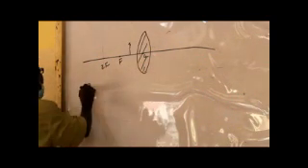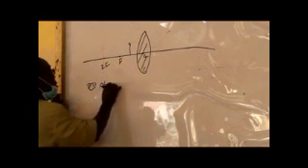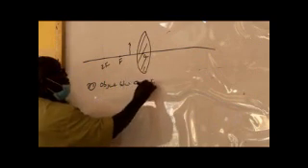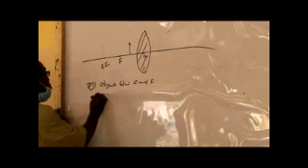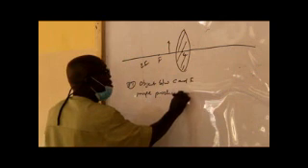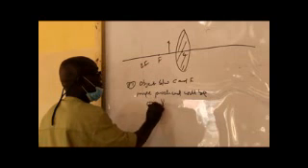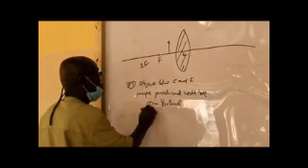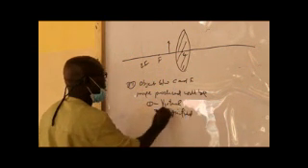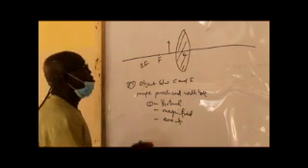Number one, object between C and F. The image produced will be: one, virtual; two, magnified; three, erect.